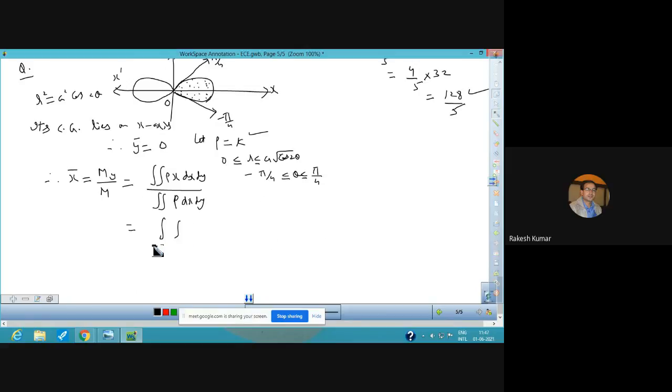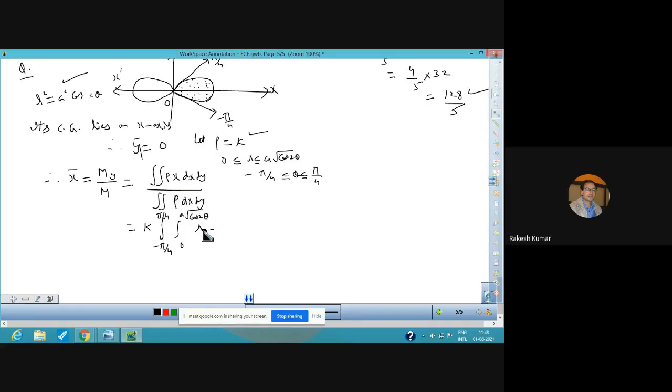So double integral minus pi by 4 to pi by 4, and it is 0 to a square root of cos 2 theta, and your rho is k. So it can be taken out, and obviously the limits are taken in polar because of the equation of the lemniscate. Lemniscate is always in polar form, so you just use the polar coordinates.